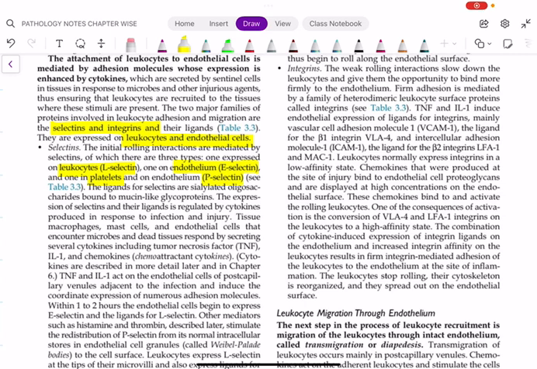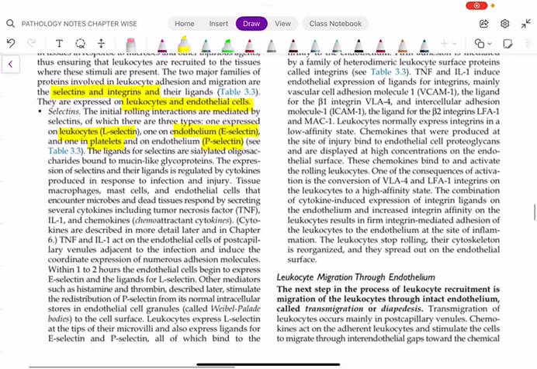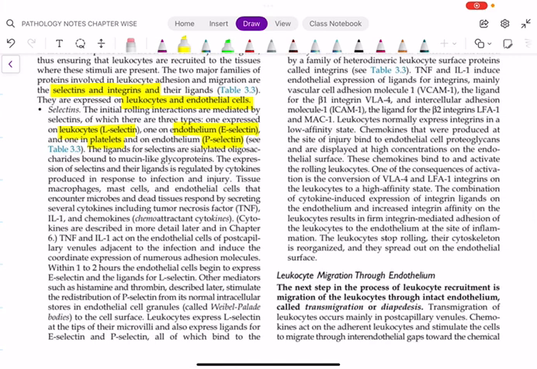All these receptors will be expressed on the endothelium as well as on our leukocytes, and this is going to facilitate the process of rolling. Just remember, selectins facilitate rolling. That's all.